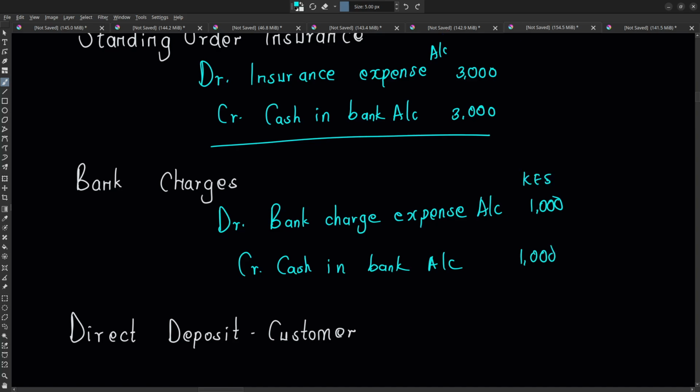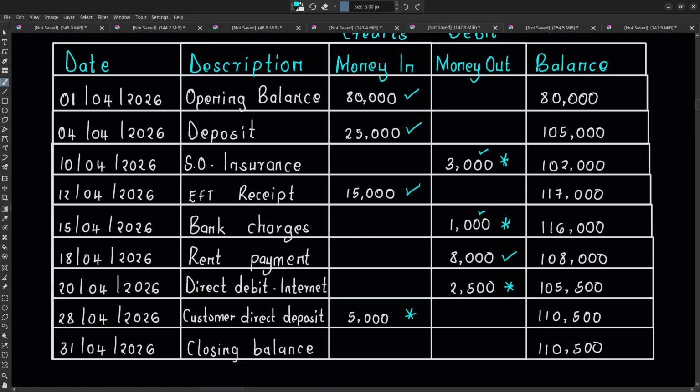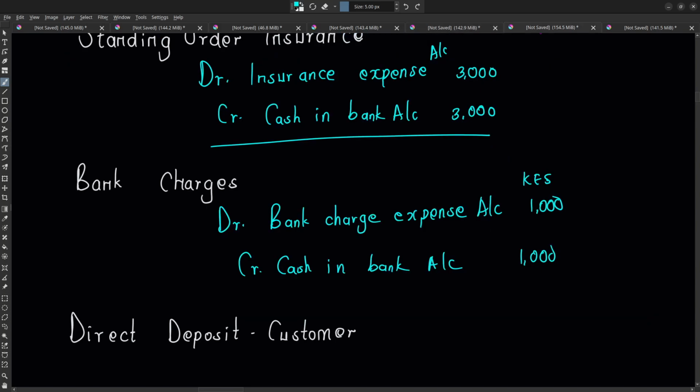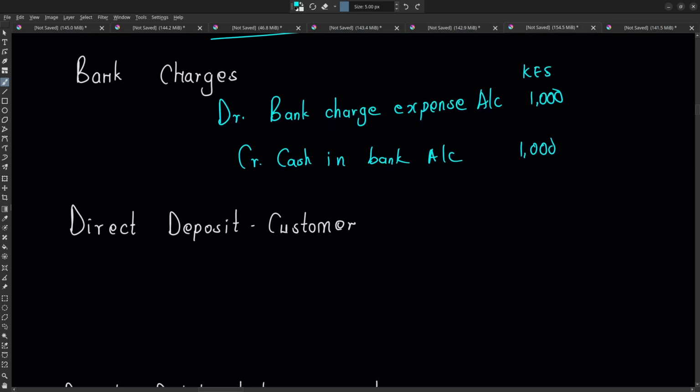Then we go back. What is the other thing that is causing a difference? Direct debit internet cost. This is because we have this subscription, and there is a standing order to pay for our internet in the office, and it is a direct cost. They just deduct it from our bank. So we might have missed recording this in our cash book at the end of the period. So we also make sure we do that.